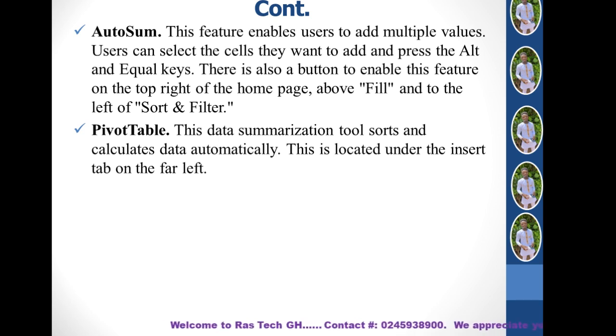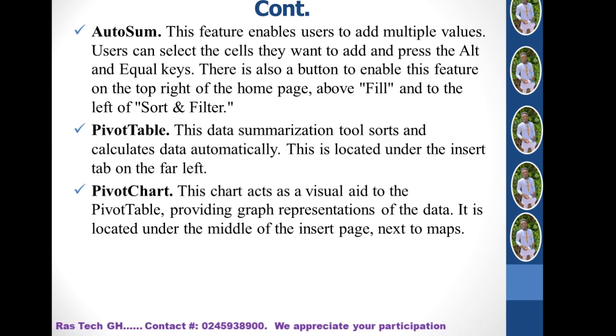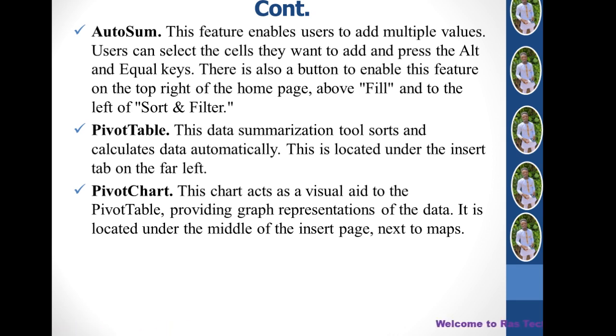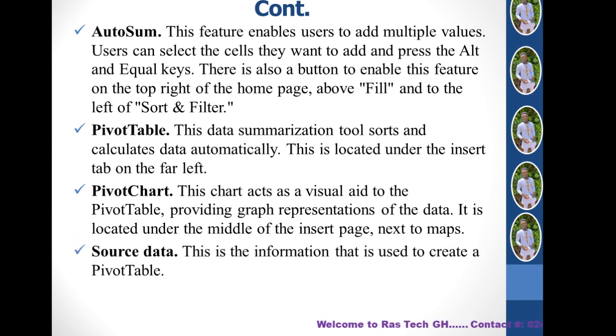It is located under the Insert tab on the far left. Pivot chart. This chart acts as a visual aid to the pivot table, providing graph representations of the data. It is located in the middle of the Insert tab next to maps. Source data. This is the information that is used to create a pivot table.